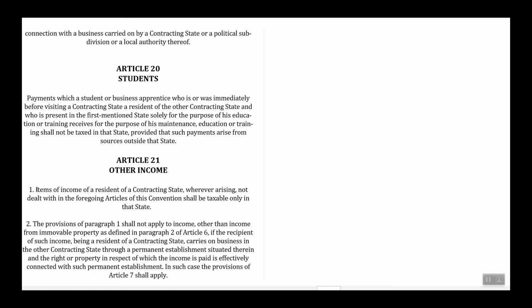There is a catch-all rest clause here in Article 21. Items of income of a resident of a contracting state. So income of a German, wherever arising, so wherever it comes from, be it from Norway, be it from third states, or be it from Germany, which is not dealt with in the foregoing articles of this convention, shall be taxable only in that state, so Germany.